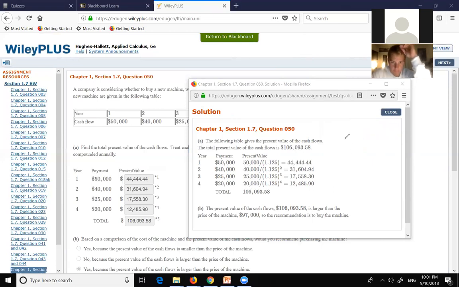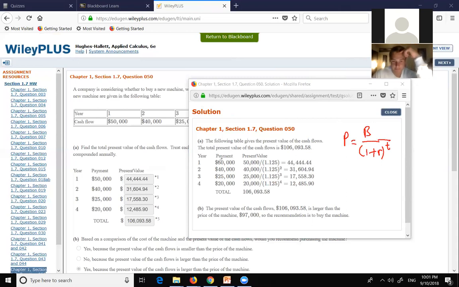Let me write it again: P equals B divided by 1 plus R to the T. So this one is the present value when compounded annually, the formula on page 61. They asked you to find the total present value, so now we're using this one here.